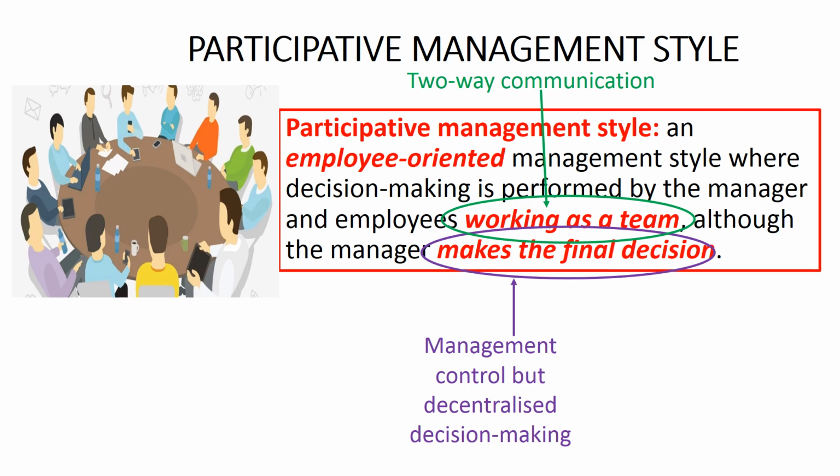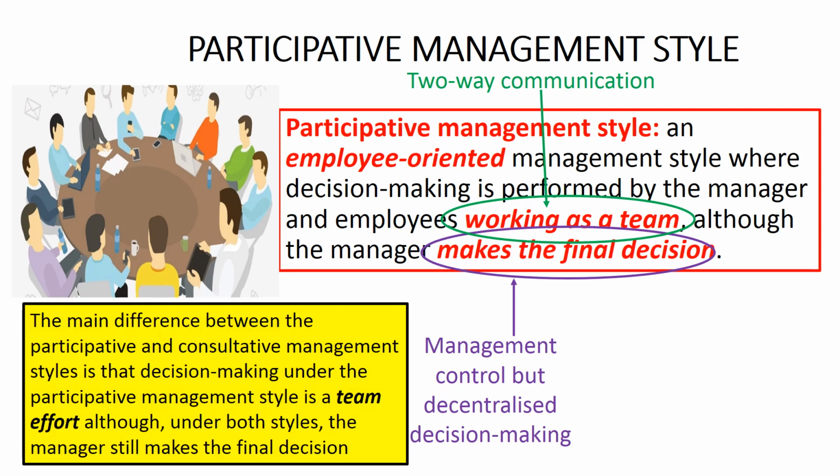So make sure that if ever you're asked to define the participative management style, you include in your definition these highlighted words. That's because these highlighted words refer to the three characteristics that are used to define different kinds of management styles. Now you may think that the participative management style and the consultative management style are very similar. And it's certainly the case that they're similar in that it is the manager which still makes the final decision.